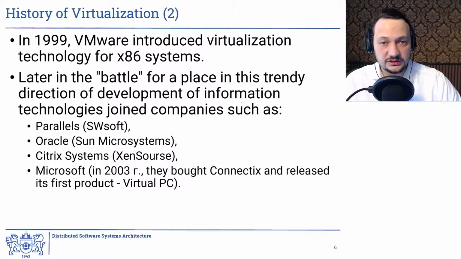Citrix developed Xen virtualization technology, which is very famous in the Linux world. And Microsoft, in 2003, bought the Connectix platform and released their first product, Virtual PC. And now, if you have Windows 10, you can easily install the Microsoft virtualization platform from the components of Microsoft Windows.